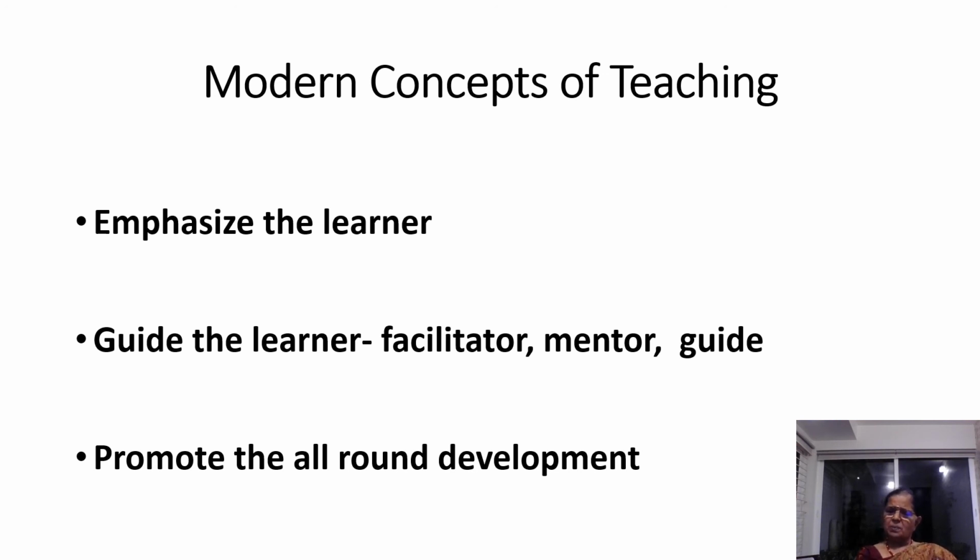So all the statements you can just skip and look for the statement which emphasizes the learner's ability, or which emphasizes the learning activity of the learner. So give the utmost importance to the learner's benefit.